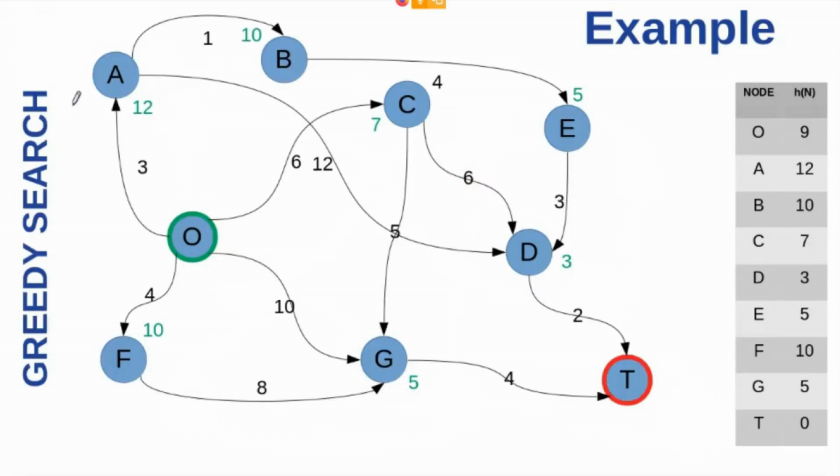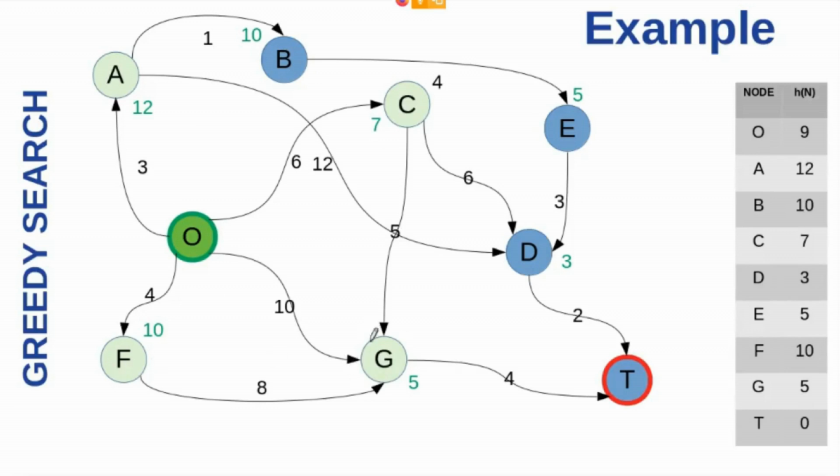So remember, the greedy search algorithm will consider only the heuristics. The heuristics have been applied here in green color, right? So at the first stage we consider all the neighbors of O. The neighbors are A, C, G, and F, as you can see here.